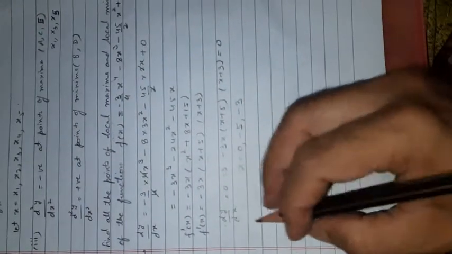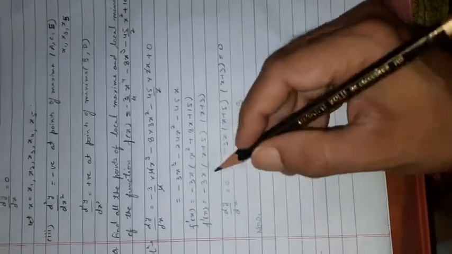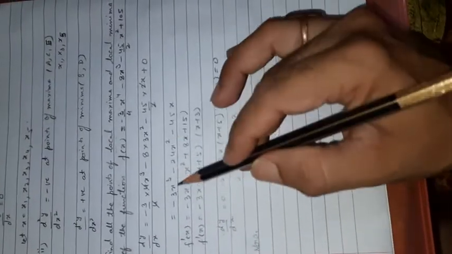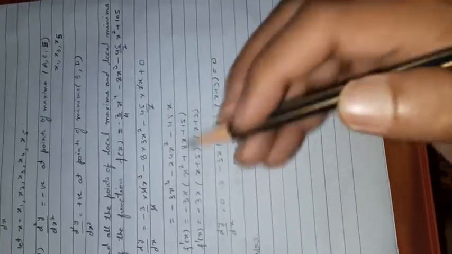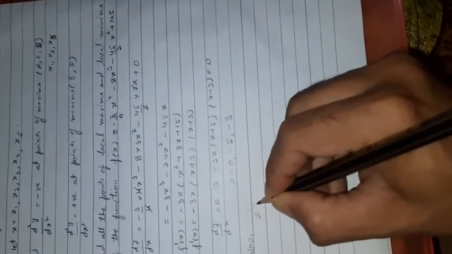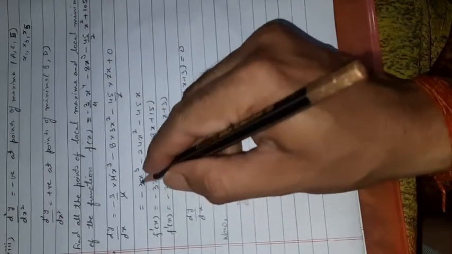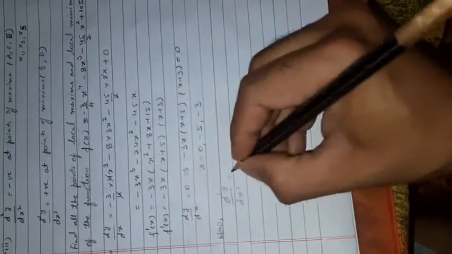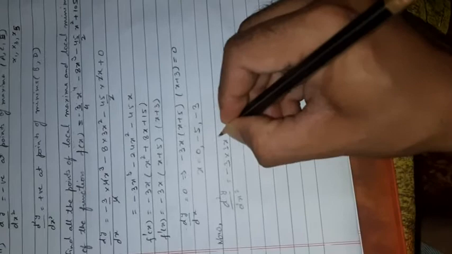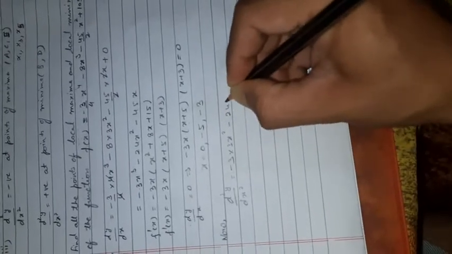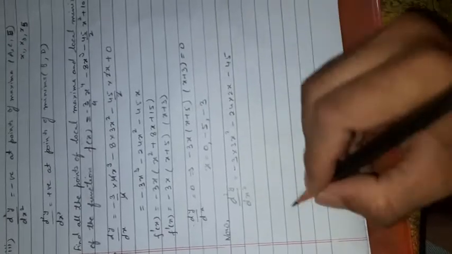So now I am going to find the second derivative of dy by dx of this one. The d2y upon dx square, the second derivative of this one, with -3 and x cube, that means it is 3x square, minus 24 into 2x, and minus 45.